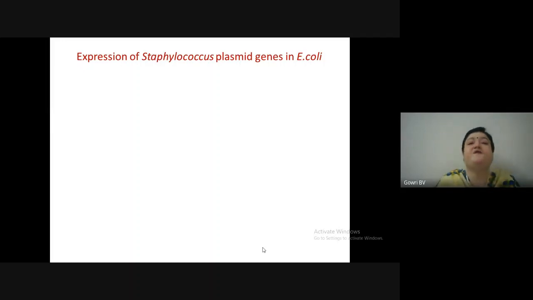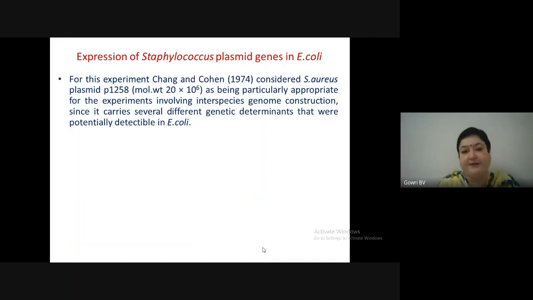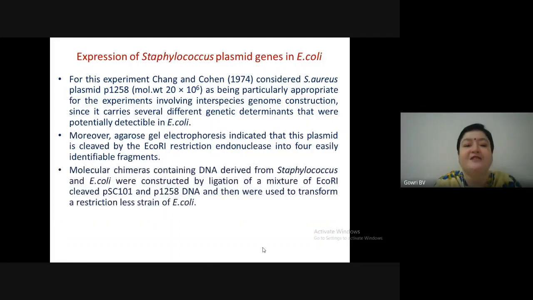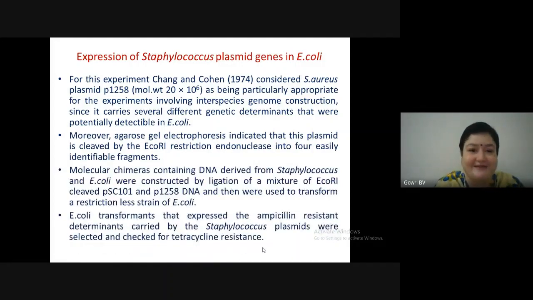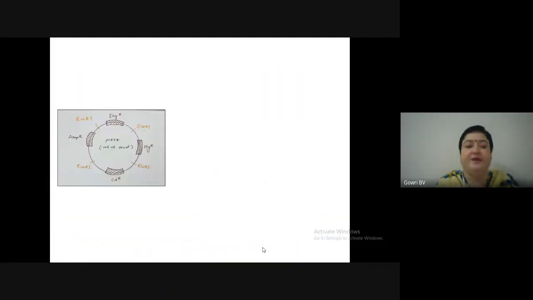So expression of Staphylococcus plasmid genes into Escherichia coli. So before going into the slide, we will pass on to the next slide. Okay. So what was the experiment all about, or how did prokaryotic genes get connected to each other, or how was this cloning done?